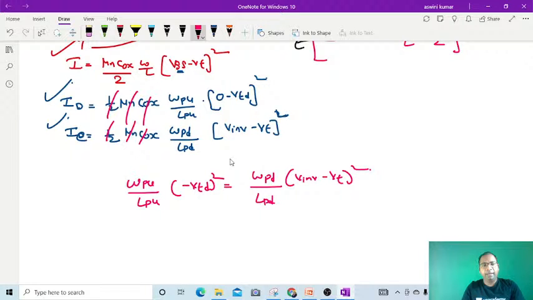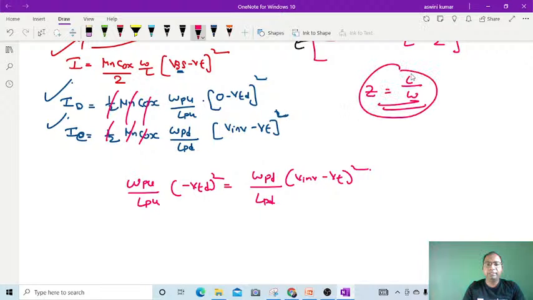So first of all, what is the Z? Impedance. Impedance can be taken as L divided by W, that is, the length of the channel divided by the width of the channel. So now I may take this as 1 divided by ZPU, as per this expression, minus VTD whole square is equal to 1 divided by ZPD VINV minus VT whole square.